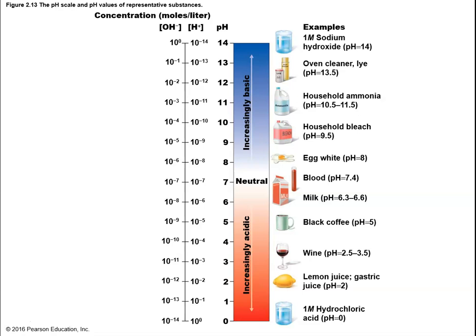If before this I had said that blood was normally a pH, as we see here, of 7.4, and it were to go to 8.4, you would have perhaps replied, so what? It changed by 1. No big deal. Except now we know it changed by a factor of 10. So the blood at that point would be 10 times more basic than it was supposed to be.